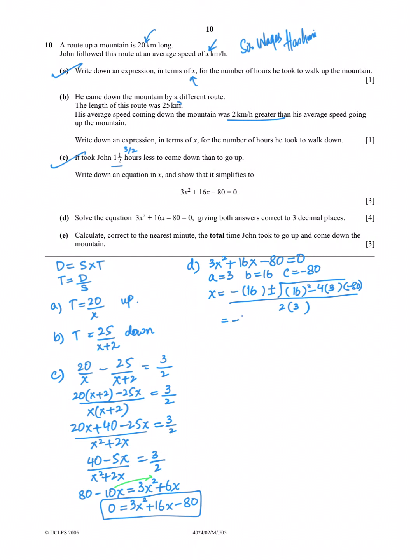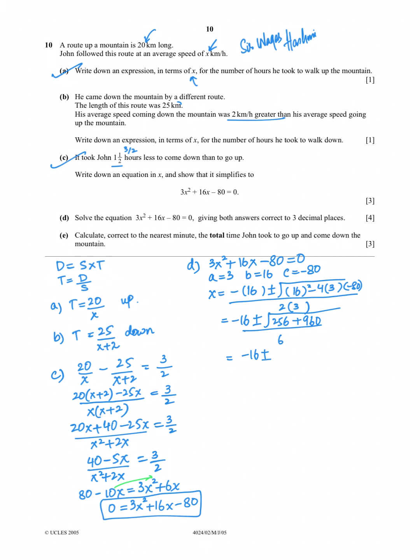So now it will be minus 16 plus minus under root. The value of 16 square, it's 256 plus 4 3s are 12, 12 into 80, it's 960, divided by 6. So 256 plus 960 and root of it, it's 34.87.